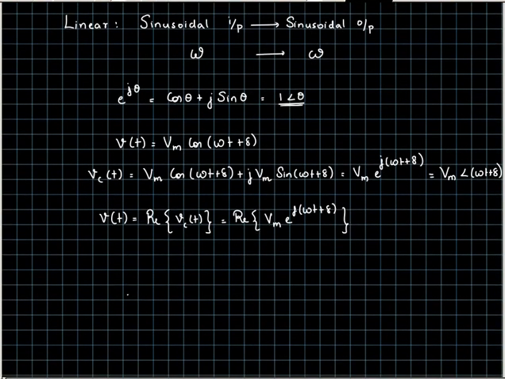and therefore instead of solving a differential equation with a sinusoidal input, which could be a difficult problem, one can look at an easier problem of solving an equation with an exponential input.